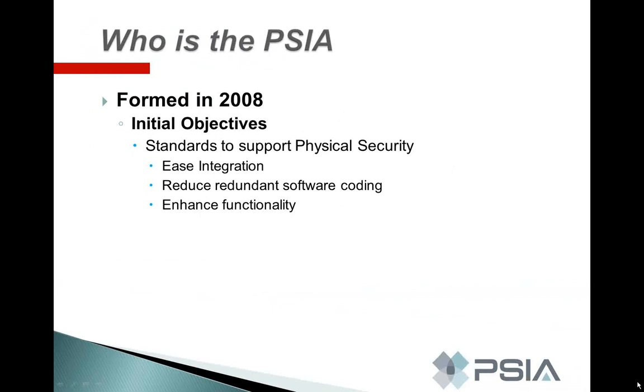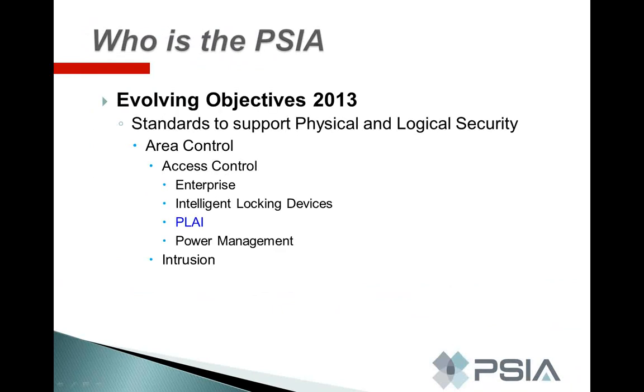Fast forward to 2005. During that period, we developed a number of different standards supporting video, analytics, and data storage, and we found that there was the need to get involved with area control. We initially defined area control as both access and intrusion.